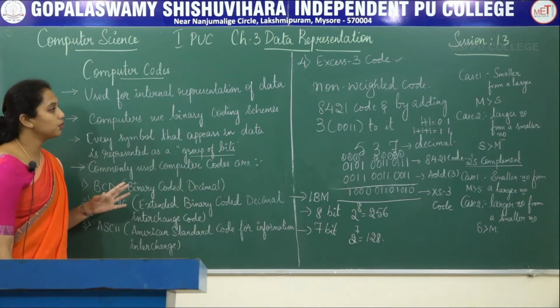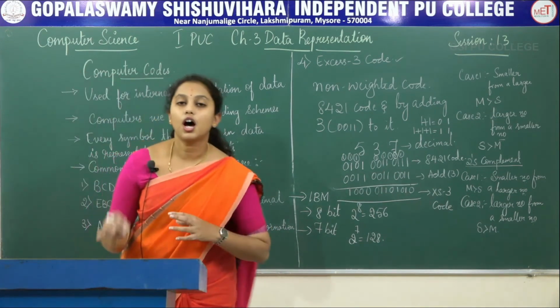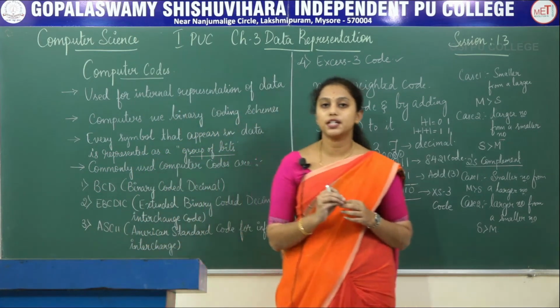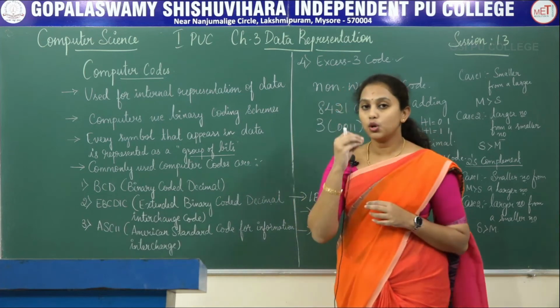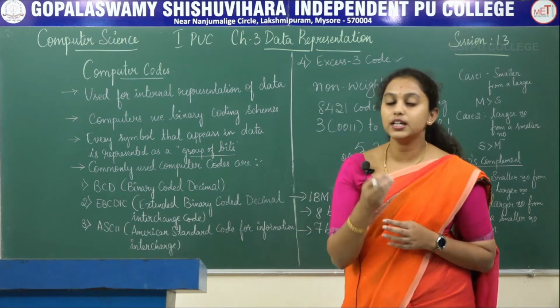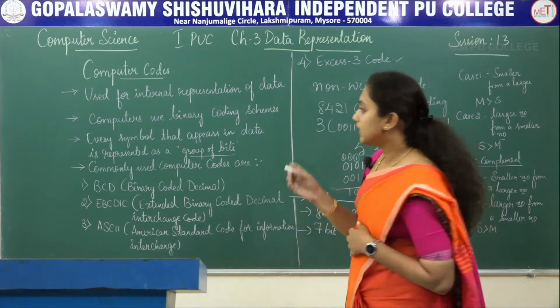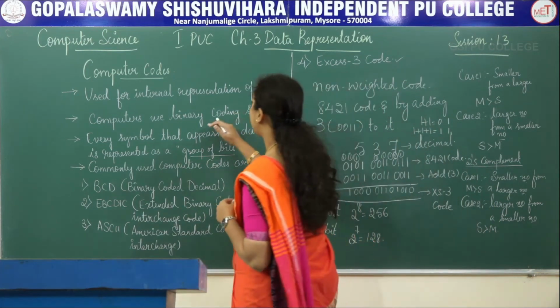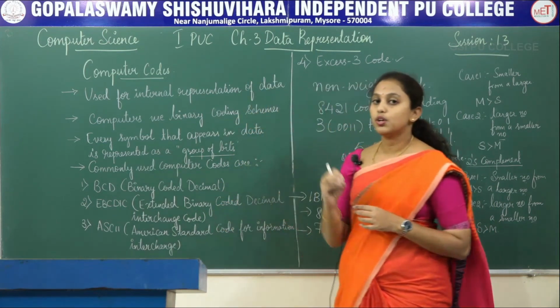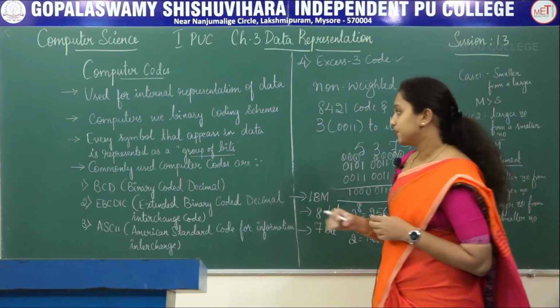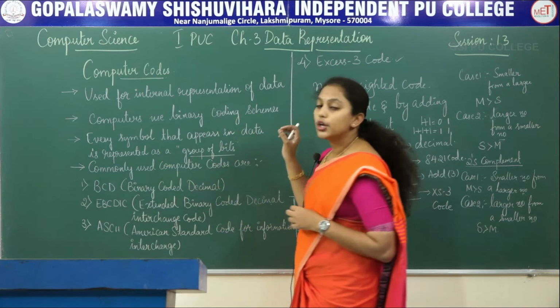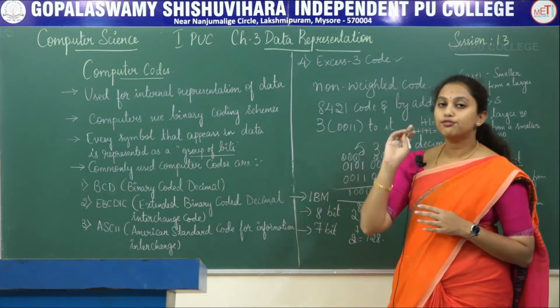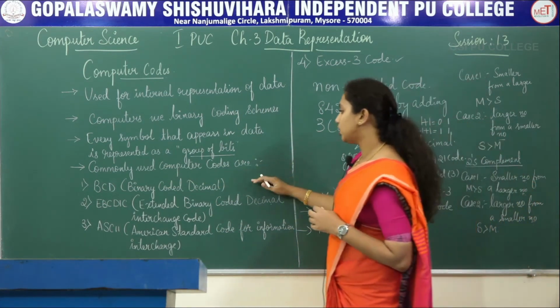So what are computer codes? Computer codes are used for internal representation of data. In computers, we represent any data using binary code. These computers use binary coding schemes to represent the data, so every symbol that appears in data is represented as a group of bits. There are 4 commonly used computer codes.